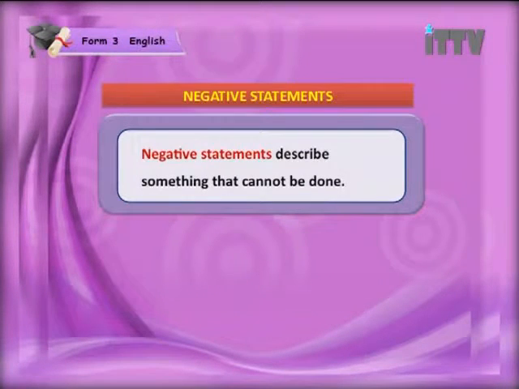Negative statements describe something that cannot be done. A positive statement becomes a negative statement when not or no is added after the first auxiliary verb. Now, you're going to look at the examples.